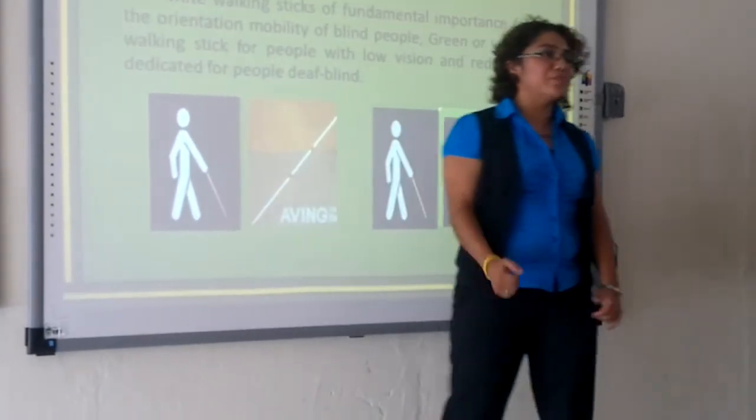White is only for blind people. But the material of construction is the same. The flags are for us to identify whether it is a low vision person or a blind person. The difference is the color, only the flag.